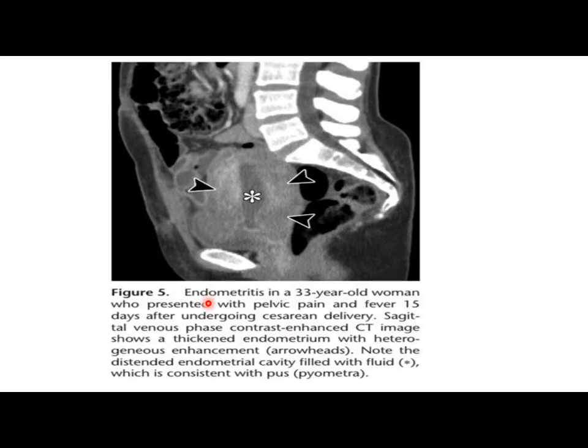This is a sagittal contrast enhanced CT showing a thick, heterogeneous endometrium with a hypoattenuating shadow within it, indicating endometritis with increased vascularity. However, endometritis has a non-specific appearance and depends on the clinical feature of the patient more than the imaging finding.